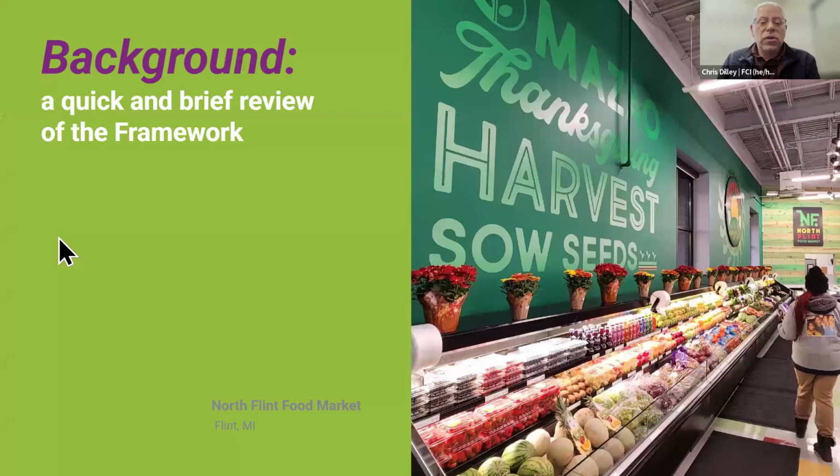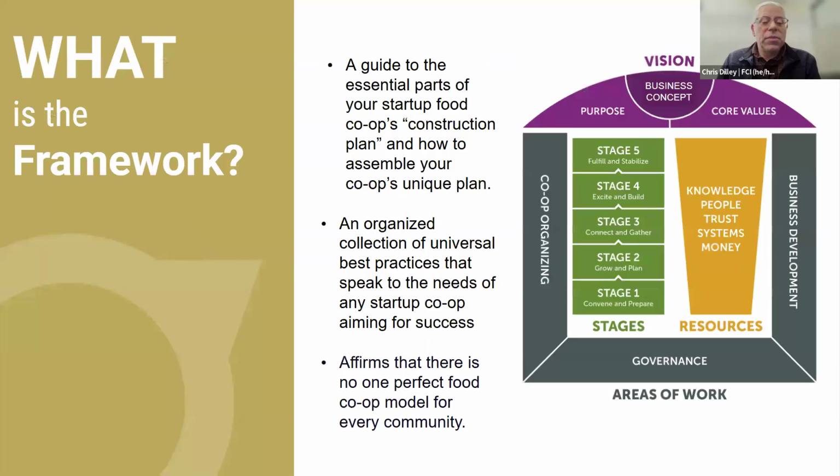All right, let's start with a quick review of the framework itself. When I say the framework, I mean the FCI Food Co-op Development Framework. We launched our action guide of that framework last year. You may have seen some of this before, but I want to make sure we're all on the same page. The framework is a guide to the essential parts of starting up a food co-op.